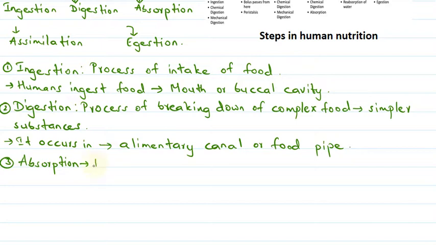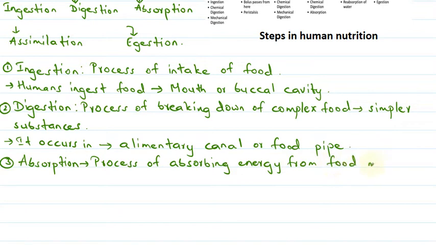Absorption is the process of absorbing the energy from food material. The food material contains energy and this energy is absorbed, and this process of absorption of energy from the food material is called absorption.